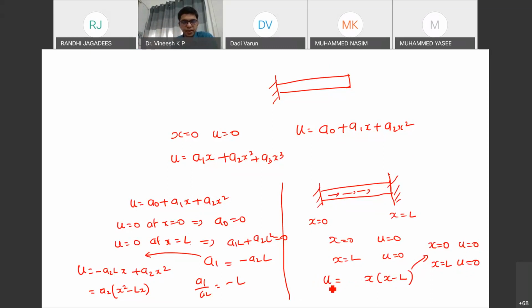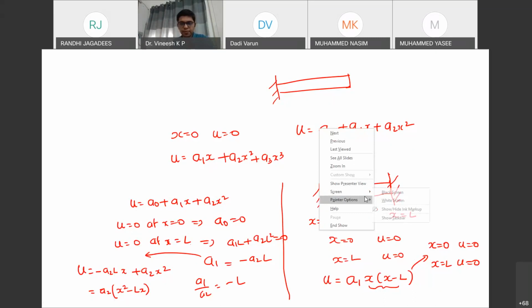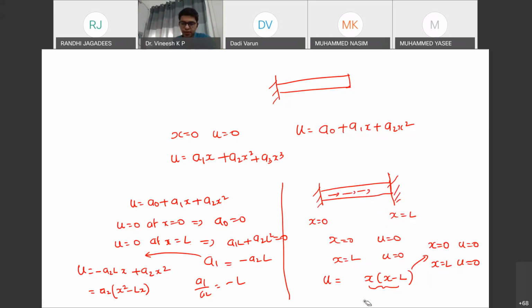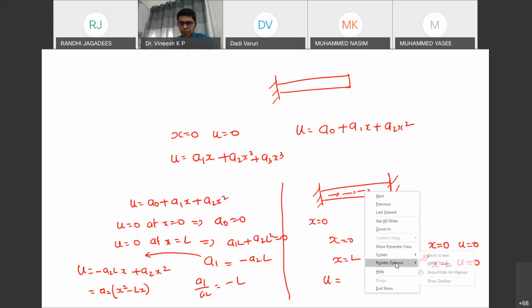So then I can take this function u as x into x minus L into some constant. You don't need to confuse this with a1 from our previous one. Let's say I am taking c1 instead of a1.